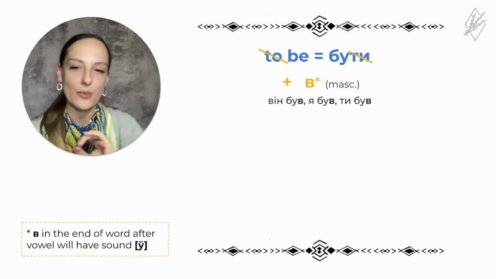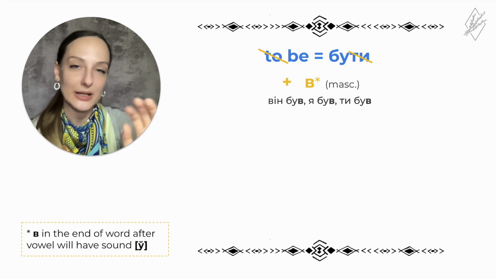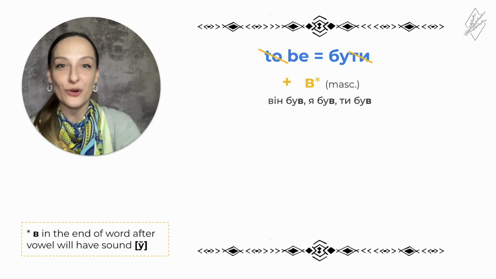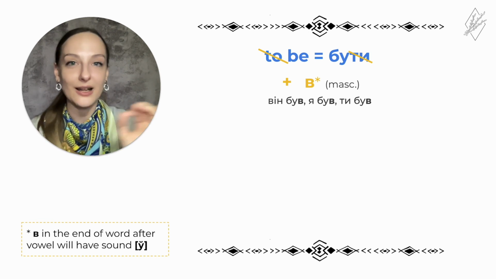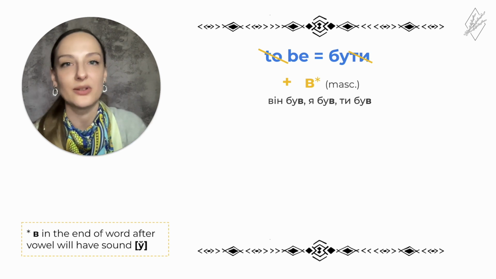We will talk more about the sound later in some special lesson about it, but here I just wanted to point it out. So all masculine verbs in past tense will have this sound at the end. Kind of в. Він був, я був, ти був.